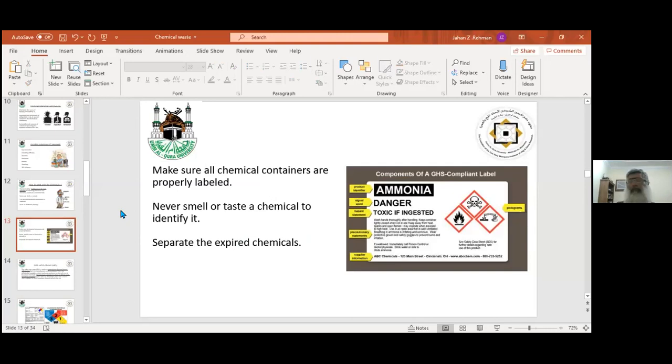If there is no tag, then leave it. Do not try to find out what chemical is inside by using your nose, your tongue, or even your hand. Just read it. Never try to smell it or taste it.